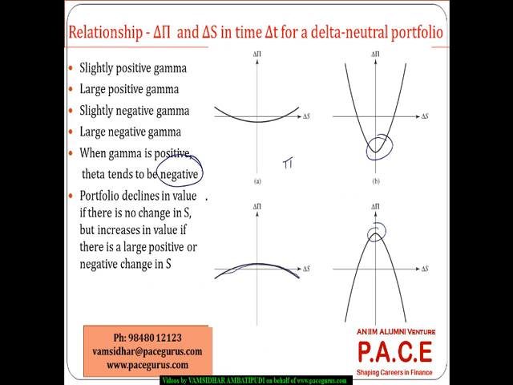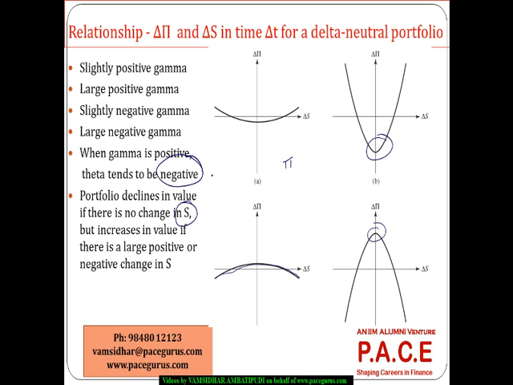So the portfolio declines in value if there is no change in s. If s is not changing, theta is still negative, so the portfolio decreases in value. But if there is a large positive or negative change in s, because the gamma will be more and more positive, the theta will be negative, there will be an overall increase in the value of the portfolio because of that.